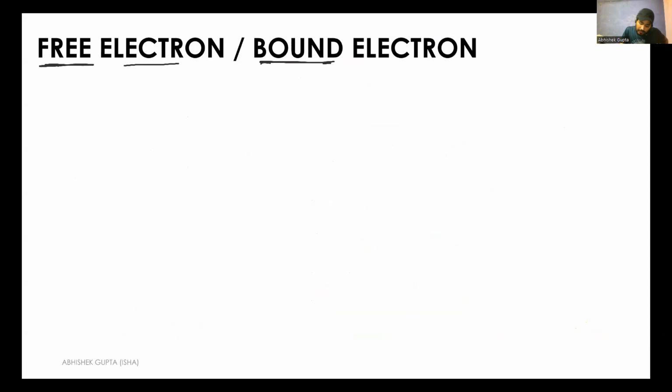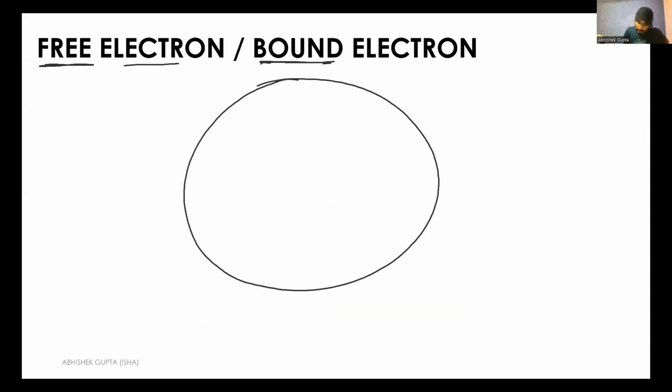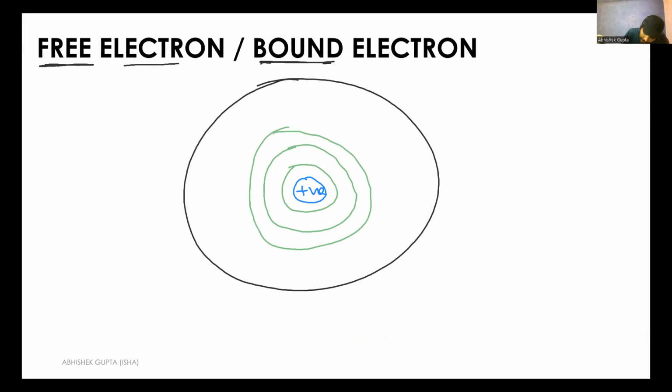Just now we said that in a given atom we have a nucleus, and this nucleus happens to be positively charged. After this nucleus we have shells: orbit 1, orbit 2, orbit 3. Depending upon what atom we are looking into, we can have a different number of shells.